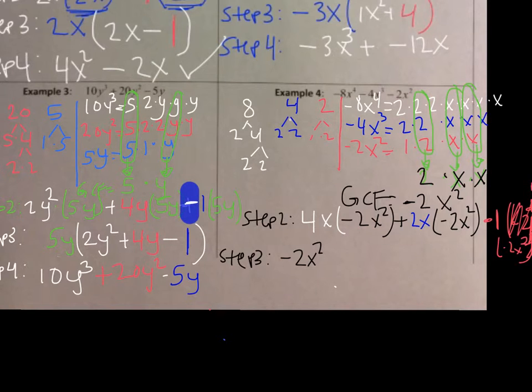And when we do that, the first term, we're left with 4x, plus 2x, and then minus 1.